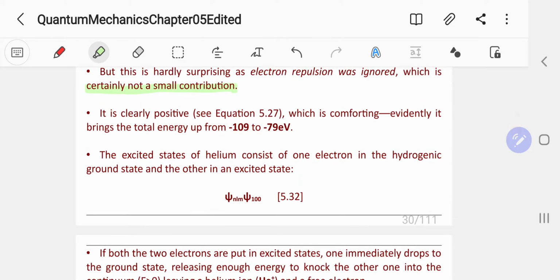So by the way, the excited states of helium consist of one electron in the hydrogenic ground state and the other in an excited state. So it's not only one is in the ground state and the other one should be in the excited state.